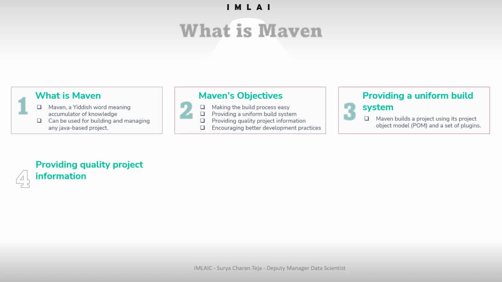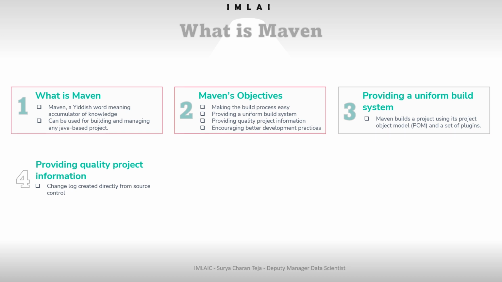providing quality project information. Maven provides useful project information that is in part taken from your POM, again the project object model, and in part generated from your project sources.